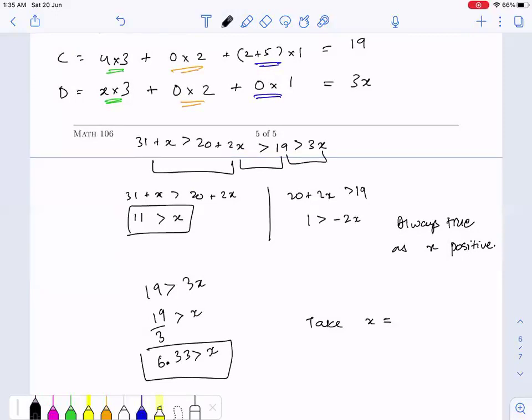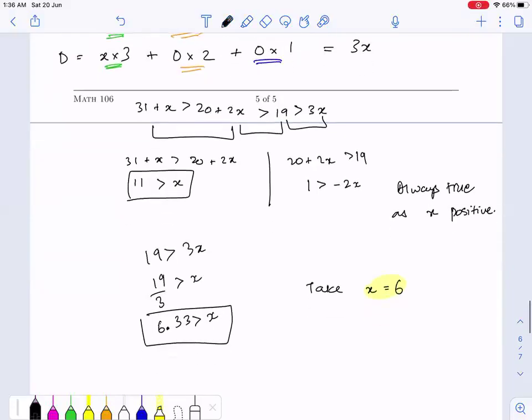So let's take x to be 12. Or sorry, let me see if I'm doing something wrong here. So 19 needs to be bigger than 3x. So x needs to be smaller, not bigger. Sorry, I read the inequalities the other way around. X needs to be smaller than 6.33. So let x be 6.